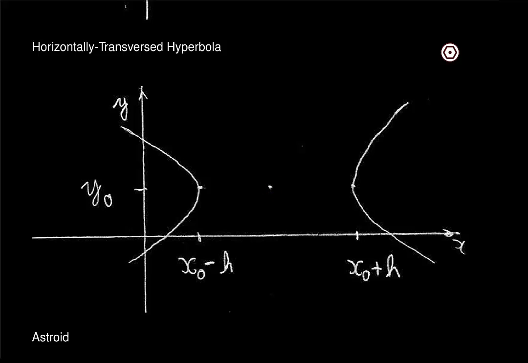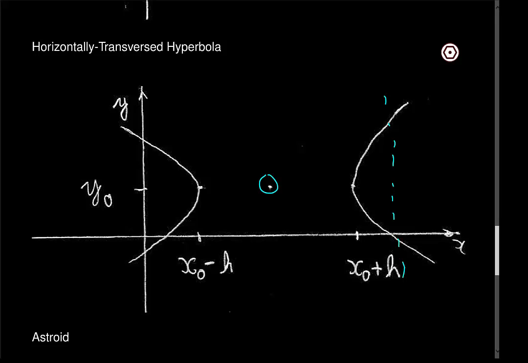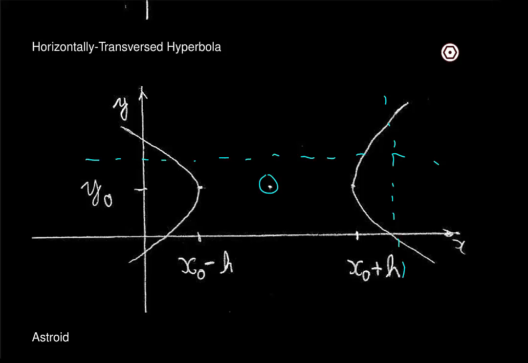And again, a vertical line crosses this curve twice, and the same thing with any horizontal line. So this cannot be a function. And once again, it is possible to describe it as two functions, but not one.